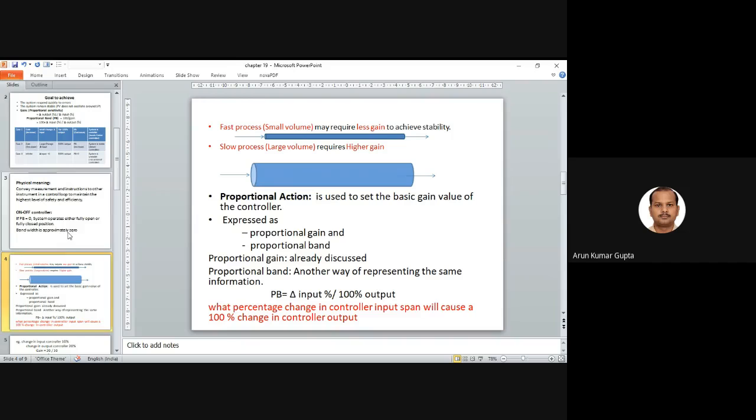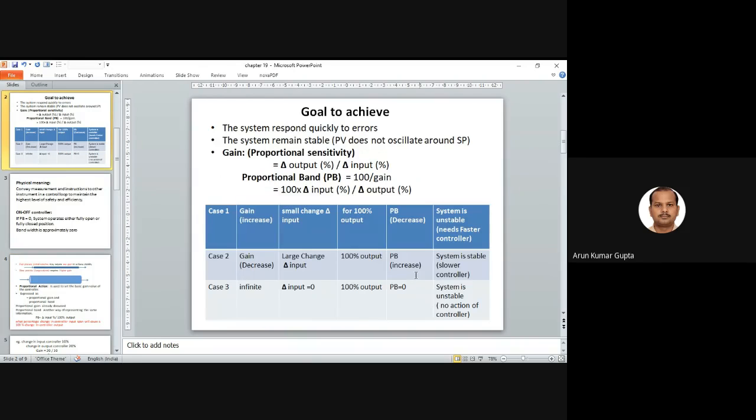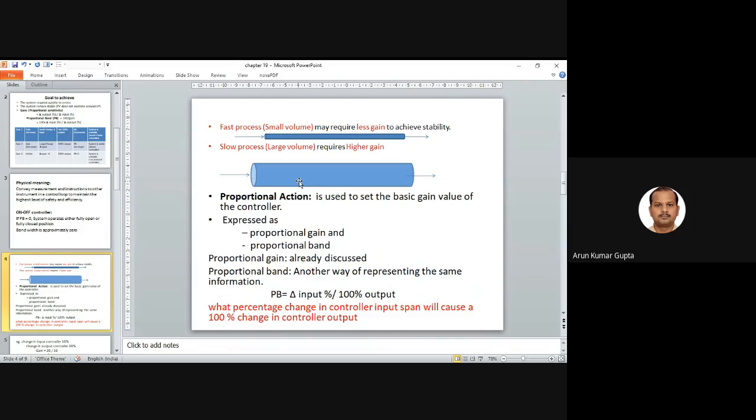Here you can see the slower controller system is stable because you will not see the changes frequently, but when you have a smaller volume you can see the changes very quickly. The system is almost unstable, you can say, right? But in this case the system is stable. That's why we generally call a fast process almost unstable. The slow process is stable.